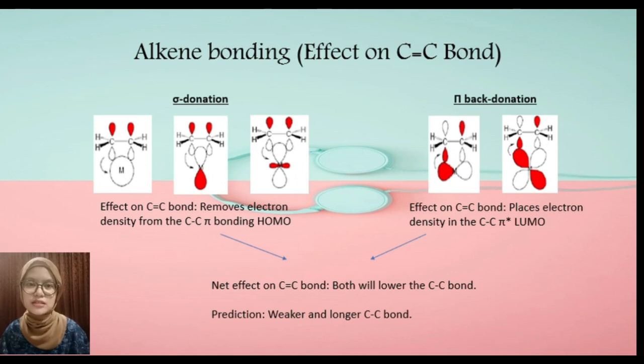From this donation, it removes the electron density from the CC pi bonding HOMO, while for pi back donation, the electron from the metal is donated back to the CC ligand, and from this donation, it places the electron density in the CC pi star LUMO. So both donations, sigma and pi back donation, lower the CC bond of alkyne.